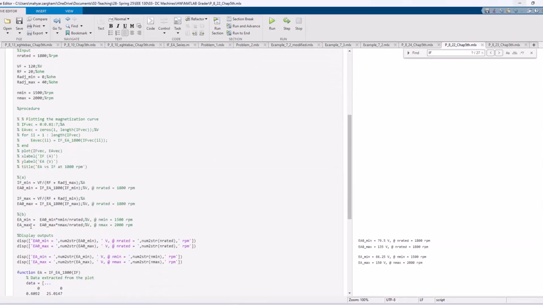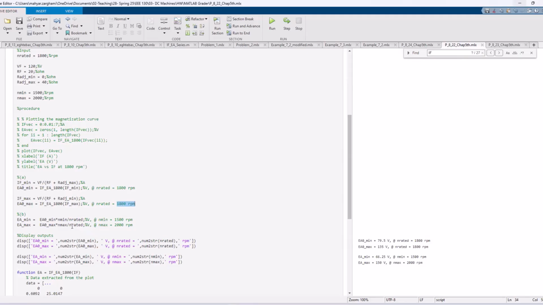Okay, so part B. We know EA minimum should be EA0 minimum times N minimum divided by N rated. This gives us an EA minimum, and EA maximum would be associated with EA0 maximum, which is at 1800.